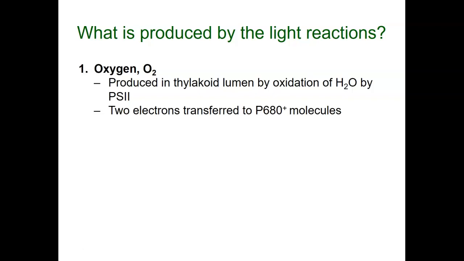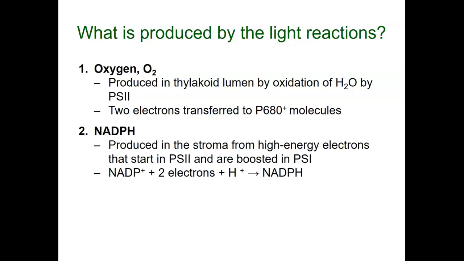And again, in so doing, we then transfer 2 electrons to the P680 molecule that's residing in the photoreactive center of photosystem 2. We also produce NADPH. This is going to be produced not in the thylakoid lumen, but rather in the stroma. And this is where those high energy electrons are ultimately going to reside. They get activated ultimately at photosystem 1 by the P700 and then get transferred on.